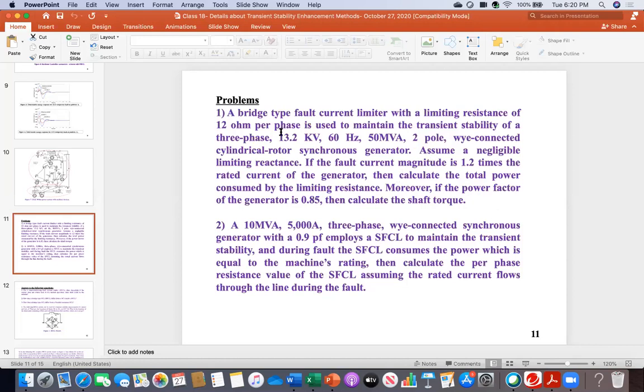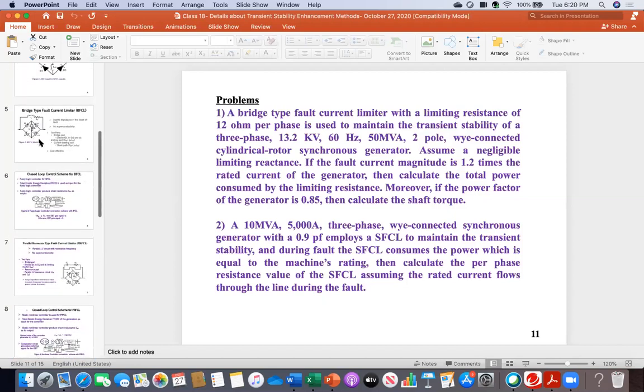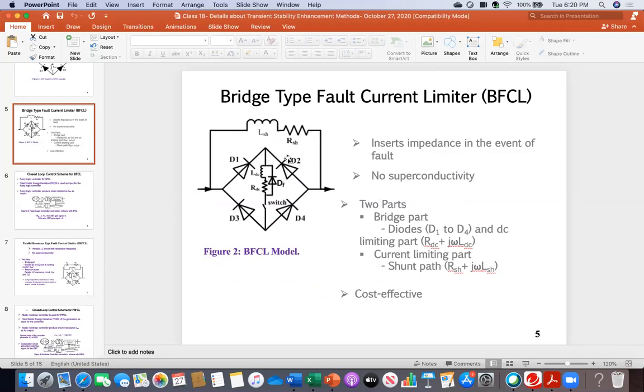Everybody see what it says: the bridge type fault current limiter has been used with a limiting resistance of 12 ohm per phase. So let me go back to that BFCL picture. The problem is talking about this RSH. As I said, there is R here, but this is the DC resistance, very negligible. So the main resistance is this one.